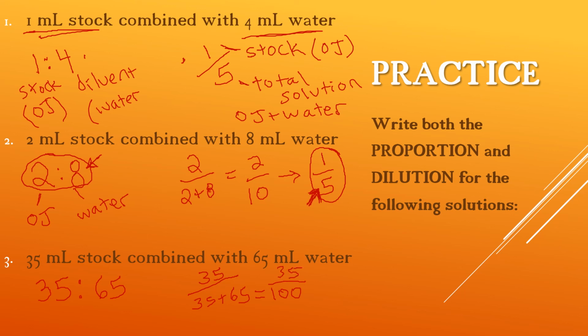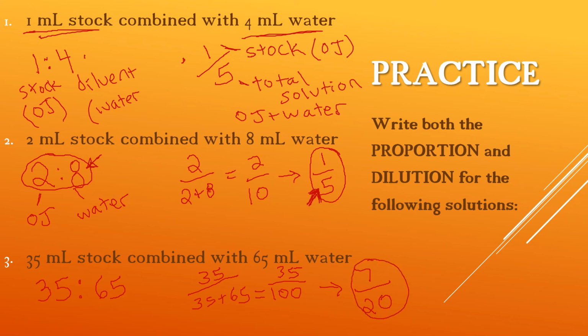So 35 over 100. And if we reduce that, 35 divided by 5 is 7, and 100 divided by 5 is 20. So reduced, that dilution would be 7/20.